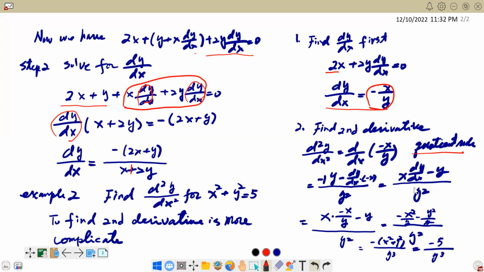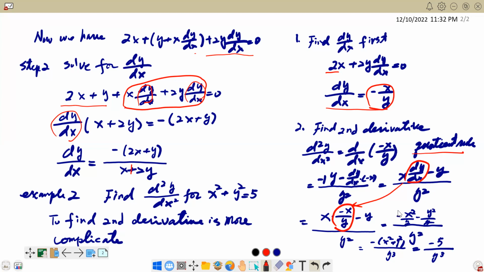So, be careful, dy/dx is negative x over y. So replace the first derivative by negative x over y, then copy minus y.